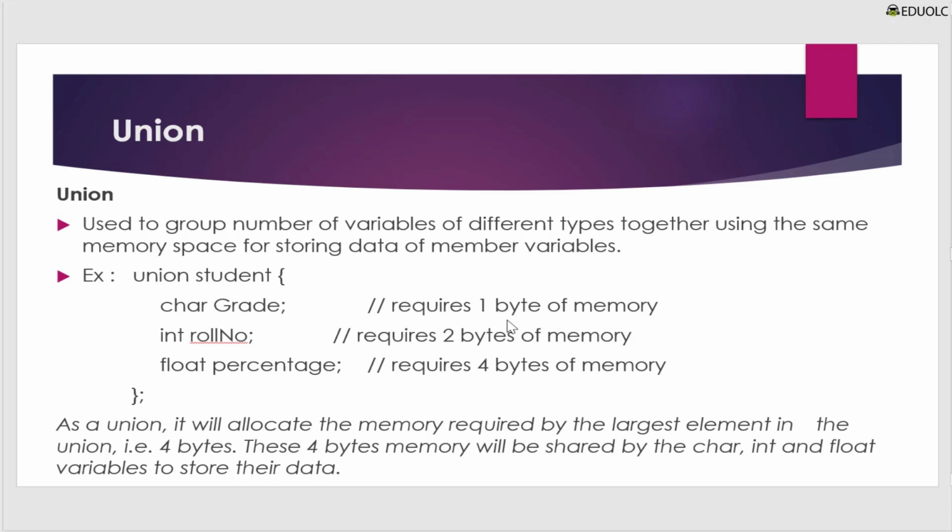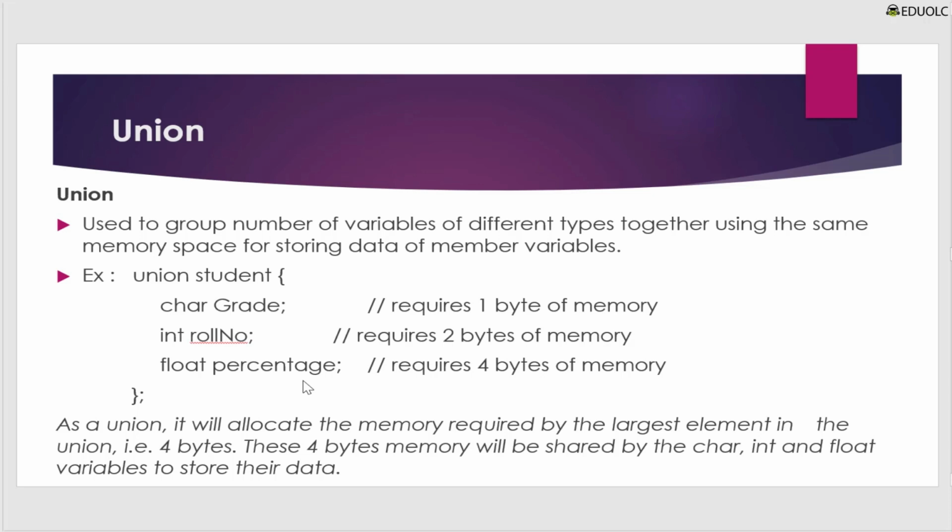Now, in case of the structure variables, the compiler will store 1 plus 2 plus 4, that is 7 bytes of memory for one structure variable. But in case of union, the compiler will allocate only 4 bytes of memory in total for one student variable of union type.